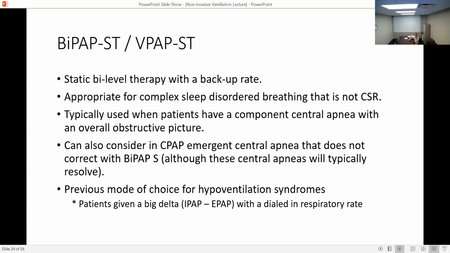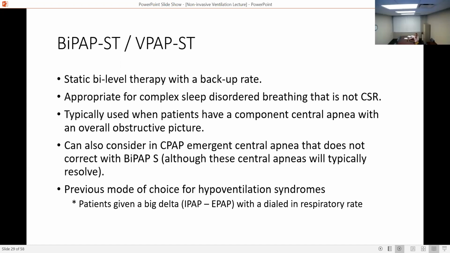So BiPAP ST or VPAP ST are static bilevel therapies, but you're just adding a backup rate. S stands for spontaneous and T stands for timed. Just like invasive ventilation, the BiPAP is going to cycle and deliver that IPAP if a patient spontaneously breathes and triggers the bilevel, or if a certain amount of time based on your backup breath rate passes.